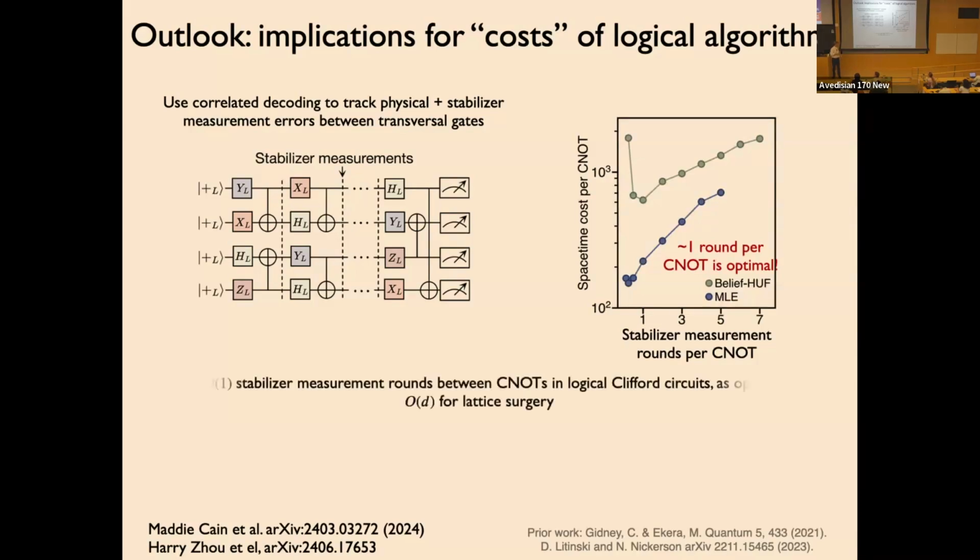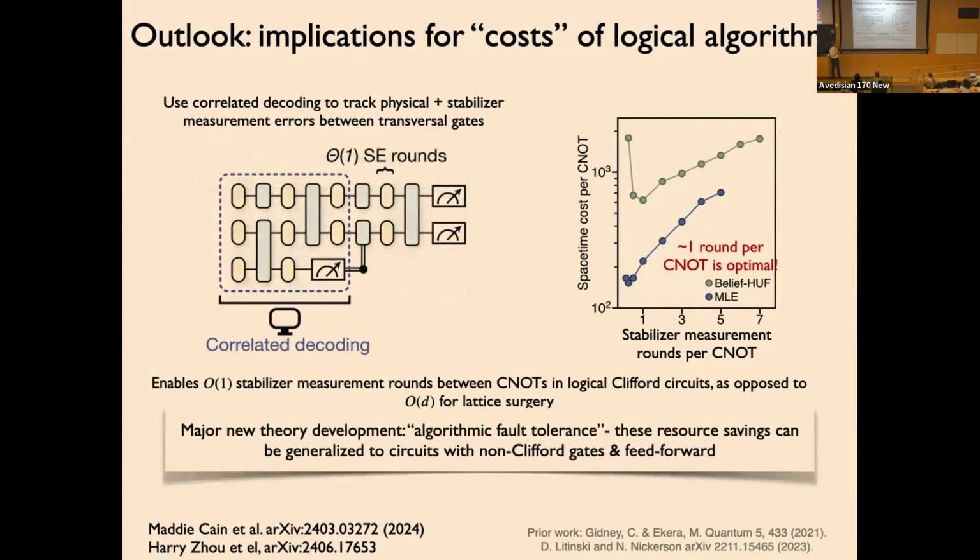But what's more interesting is that this idea, which in the Clifford case can be understood because error propagation can be tracked, can be generalized also to non-Clifford operations, for example with mid-circuit measurements. That's this new idea related to so-called algorithmic fault tolerance.